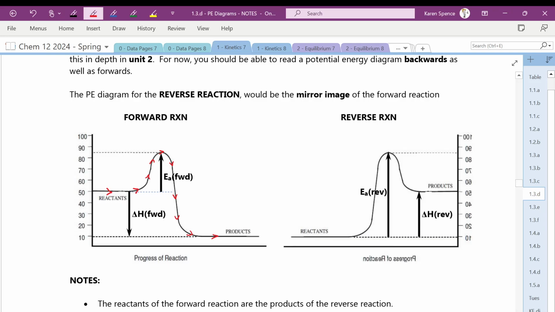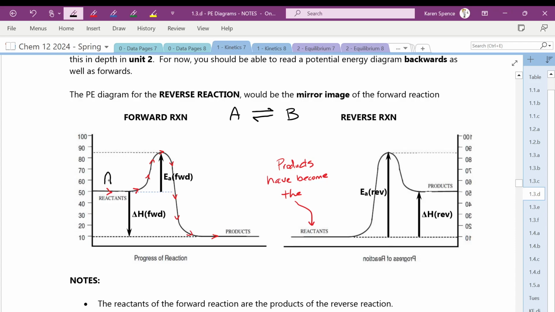If we go backwards, the products have become the reactants. Yes? So let's say we called our reactants A. Okay, say we drew the reaction like this.